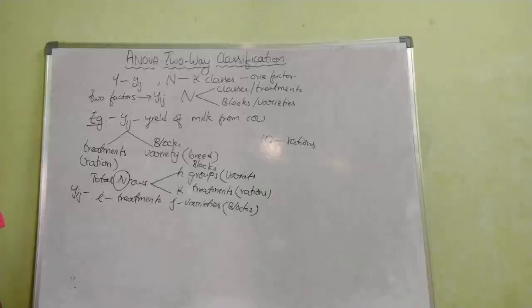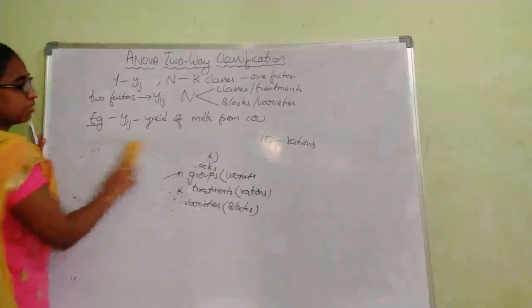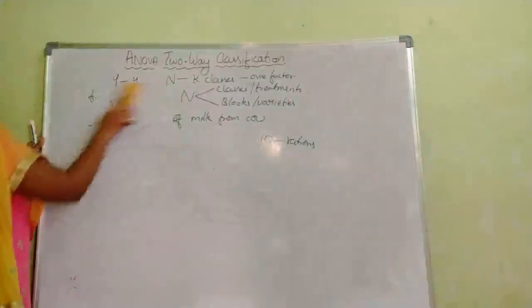So the comparison between the treatments can be made. So the yield may be expressed in the form of a table. Same like the one-way classification, here also we can divide the total n observations into H groups and K classes or K treatments. So now we will see that one.